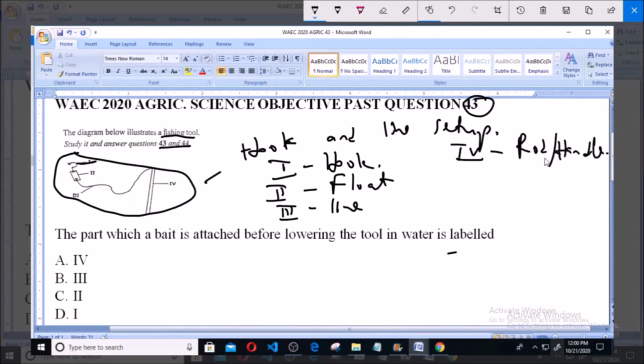Now, the part to which a bait is attached before lowering the tool in water is 1, the hook. So a bait such as a worm is attached around here to the hook, and what it does is attract the fish so that the fish can be caught. So that part is labeled 1. So option D, 1, is the correct answer to this question.